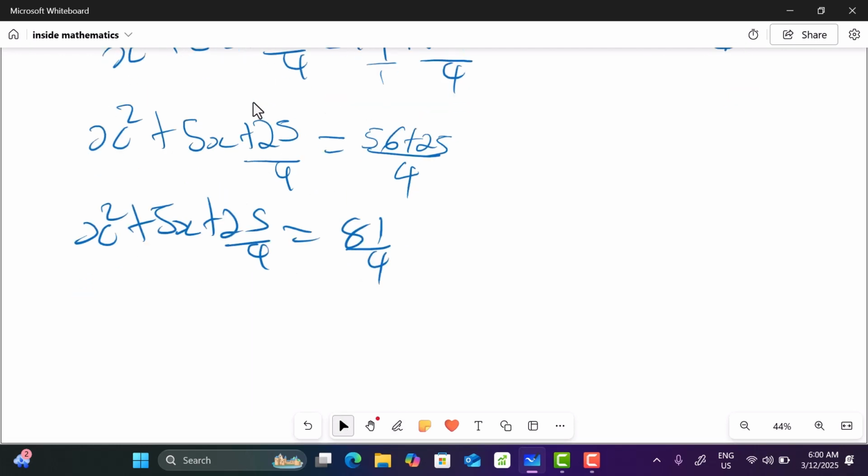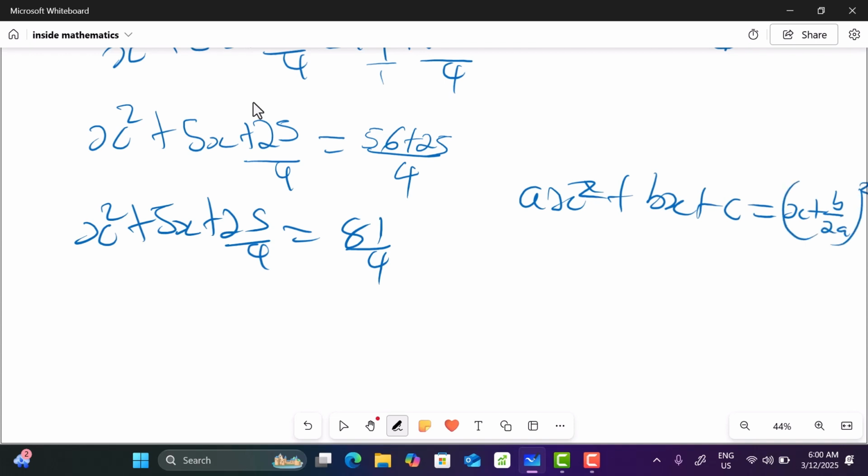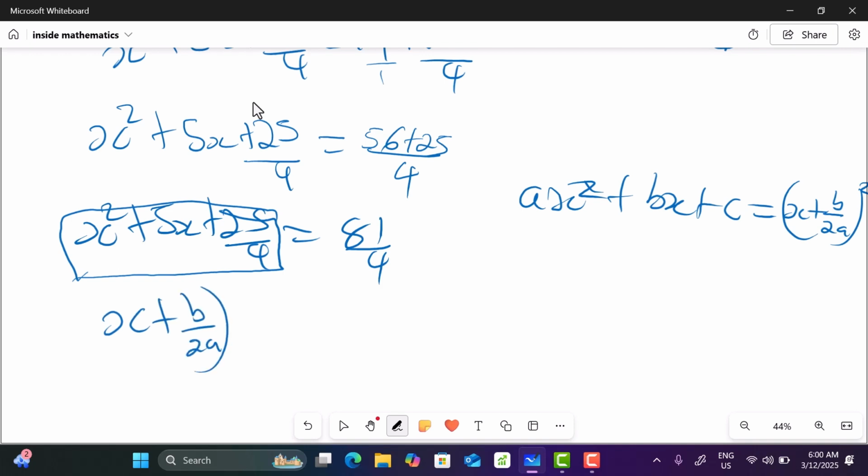After getting 81 over 4, remember that ax squared plus bx plus c is a perfect square of (x plus b over 2a) squared. So instead of writing all this, since we are saying it's a perfect square, why don't we just write (x plus b over 2a) squared equals 81 over 4.